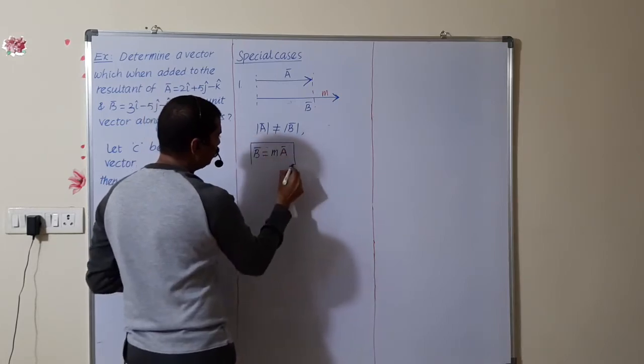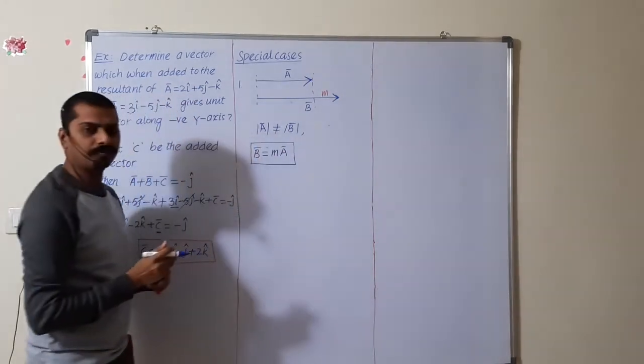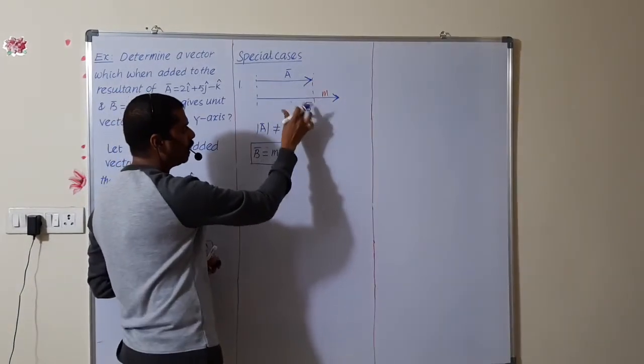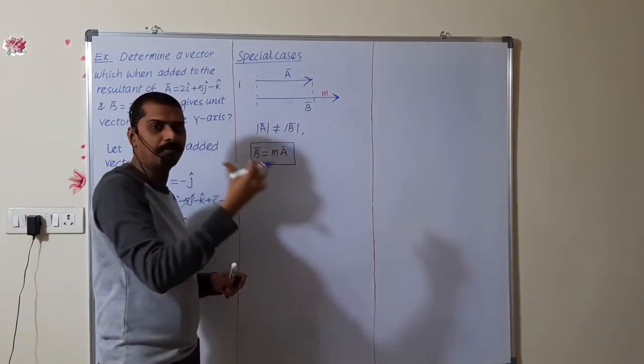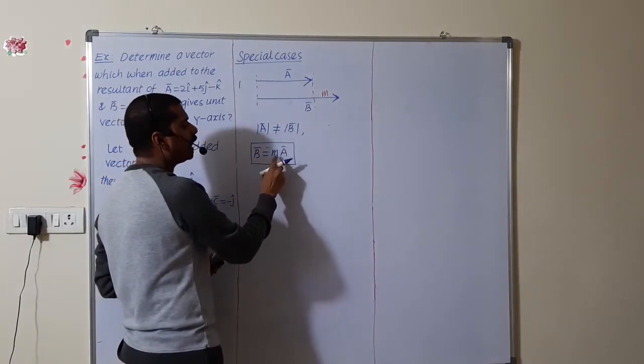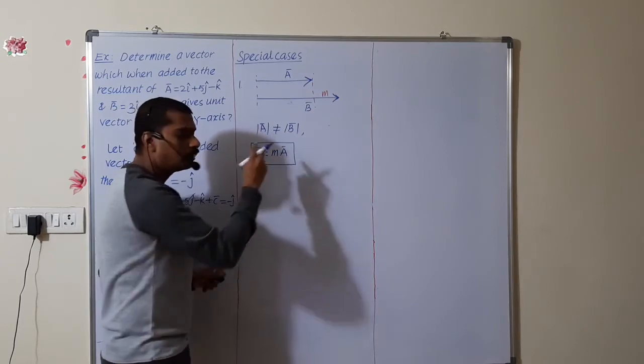Whenever two vectors are parallel, to satisfy the parallel condition we have to make the bigger vector equal to m times the smaller vector.